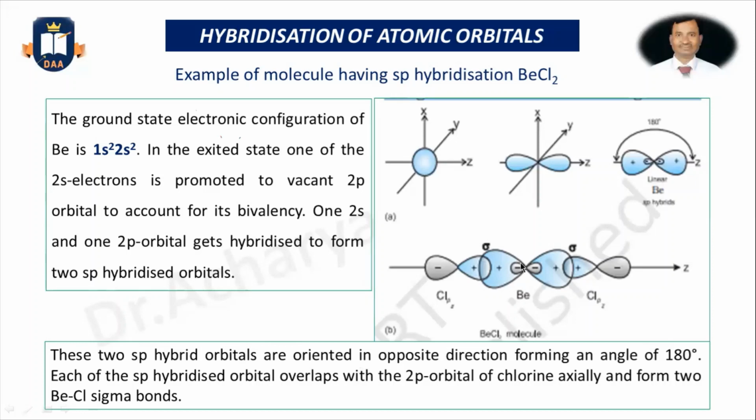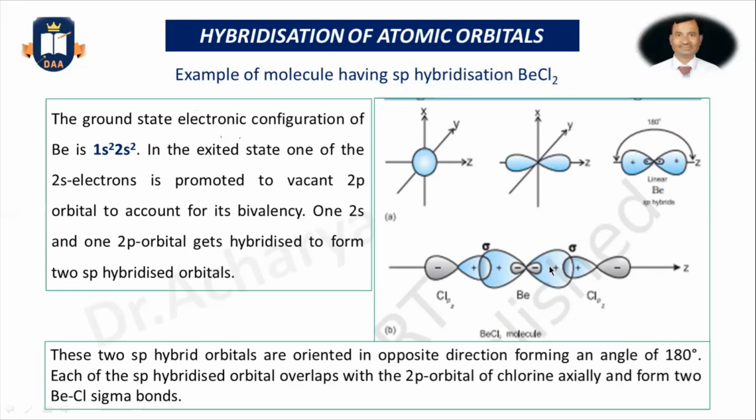This is one sp hybridized orbital. This is oriented on the left side, and its positive lobe will participate in the sigma bond formation with the chlorine atom, and the other sp hybrid orbital is on the right side.